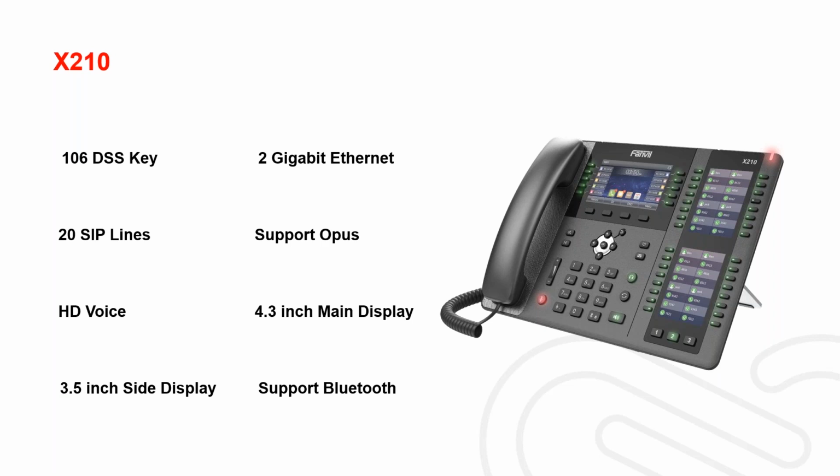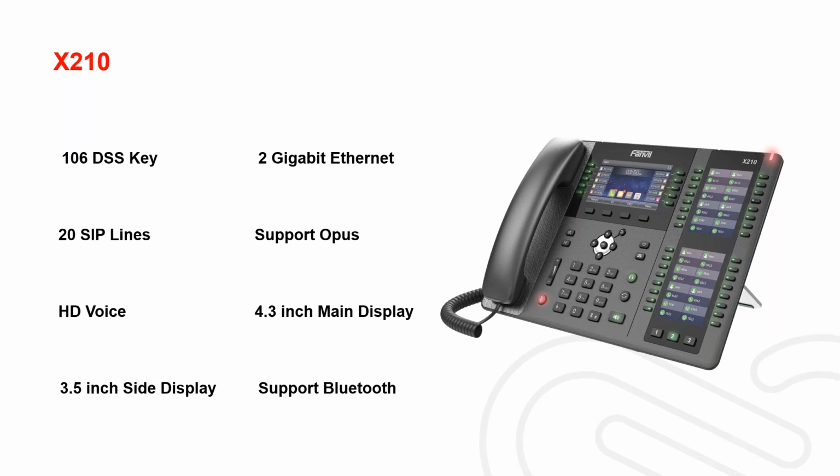For example, in the current status of the phone, you can get 32 DSS keys on the right side, and also you have 10 keys on the main screen, on the left side. So it is about 42 keys directly available.